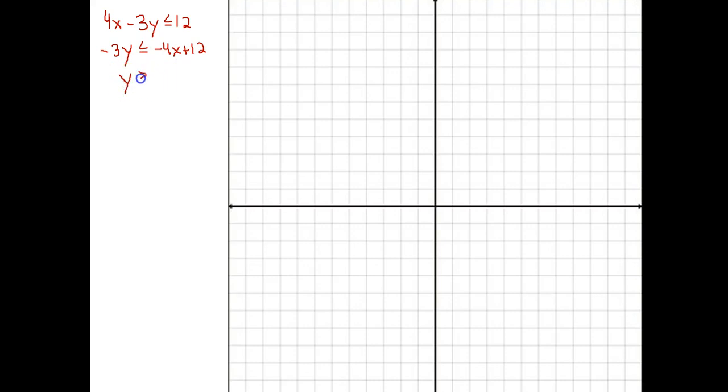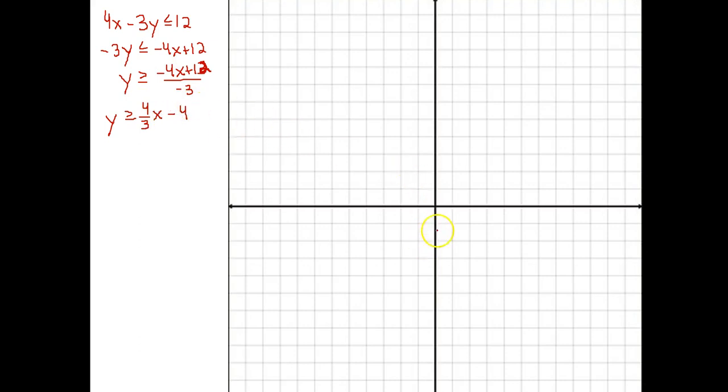Y, flip the sign, greater than or equal to, because I'm dividing both sides by negative 3. Oh, that's what I get for thinking about 3 while I'm trying to write 12. That's a 2 there. So y is greater than or equal to 4/3 x minus 4.